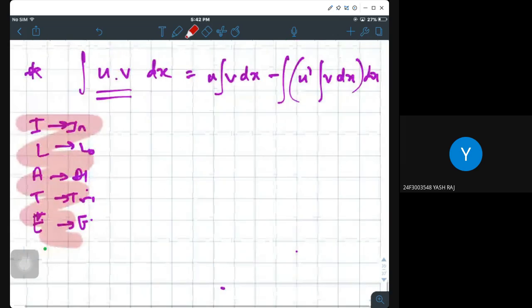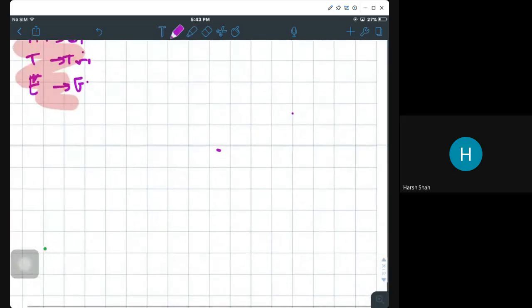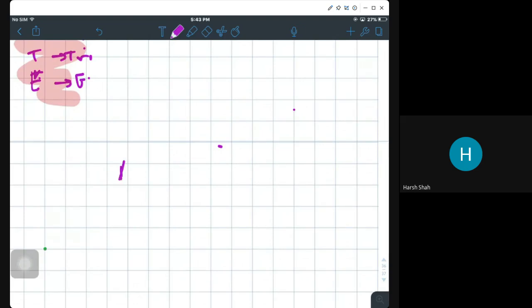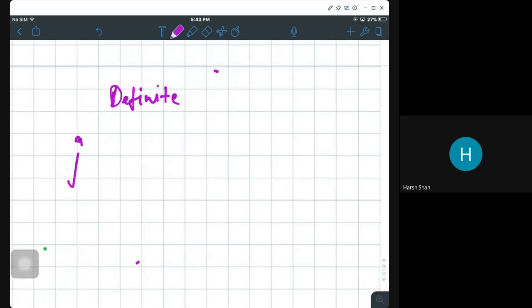Now, this is indefinite integration. When you use definite integration, that means when you get limits to it, it is the same as indefinite integration, but with the function capital F you do F of the upper limit minus F of the lower limit.